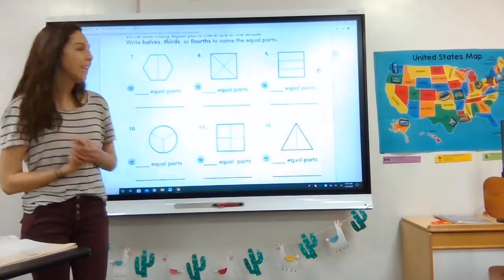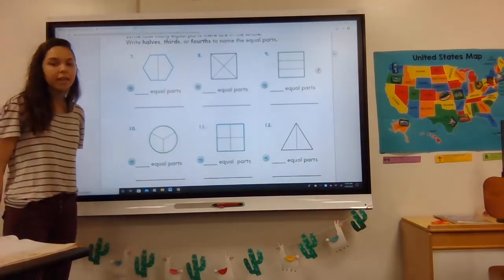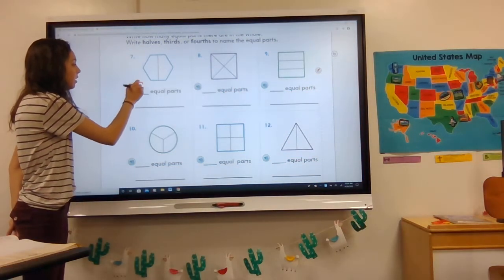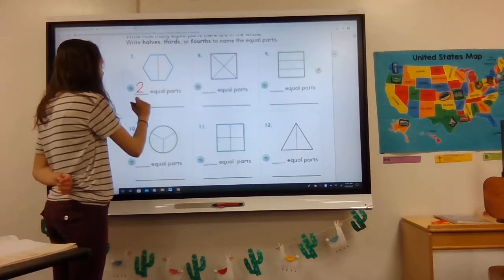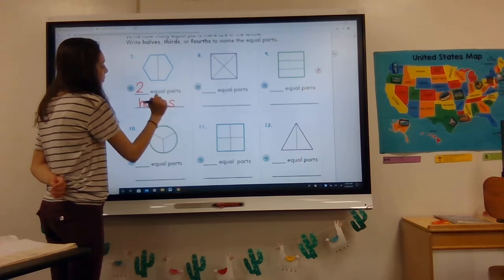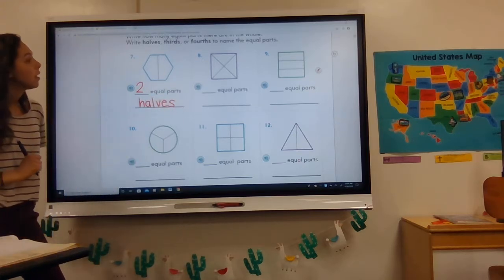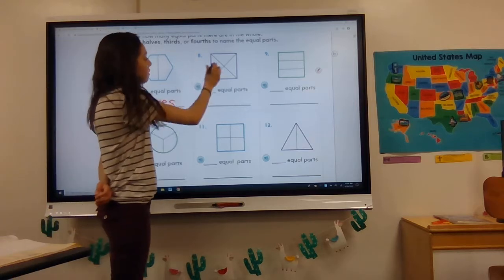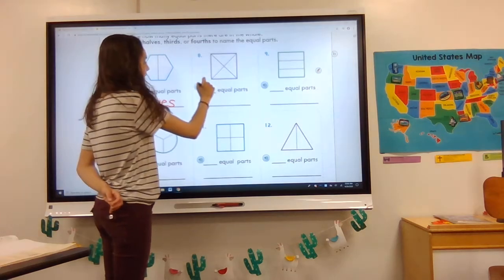Okay, come on back. Number 7. How many equal parts did you divide it into? You should have done 2. Okay, and then you should have labeled it halves. Number 8. You divided it into how many equal parts? 4.